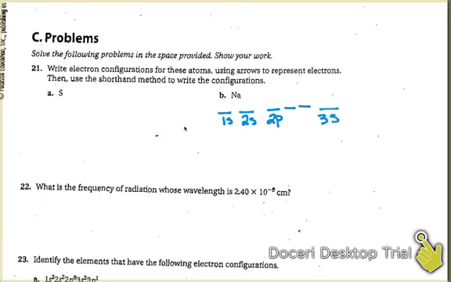Sodium has an atomic number of 11, which means if it's neutral, it has 11 electrons, so we need 11 arrows. So following the rules, 1, 2, 3, 4, 5, 6, 7, 8, 9, 10, and 11. So this guy has 11 electrons, and so the 3s orbital only is half filled.